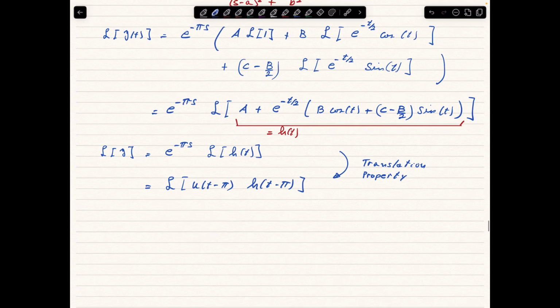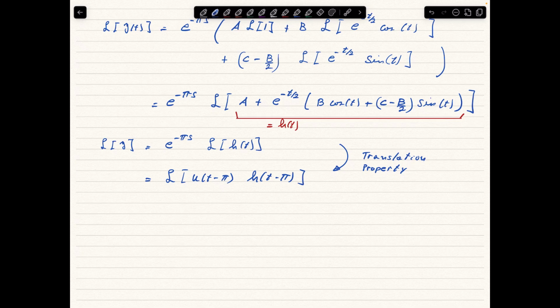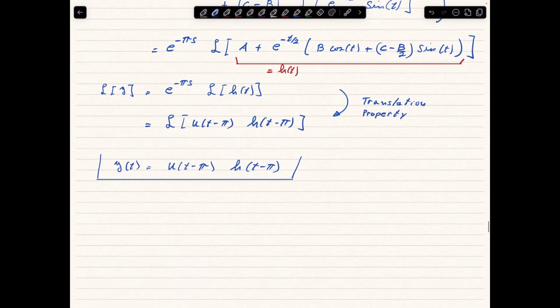So this is our function, our solution. Our solution finally is y of t. What we said is going to be a shifted version with a step of the function little h shifted by pi.